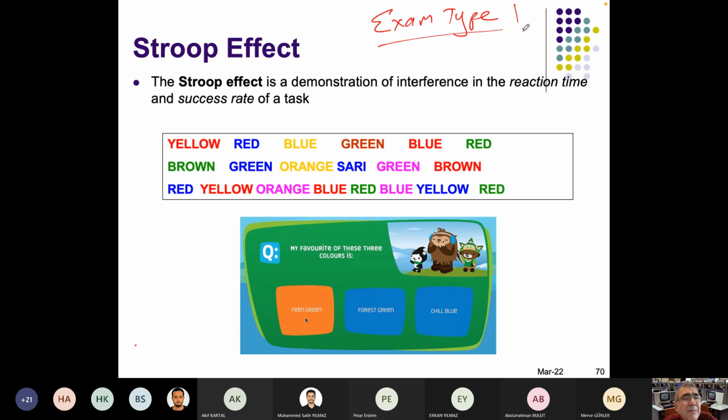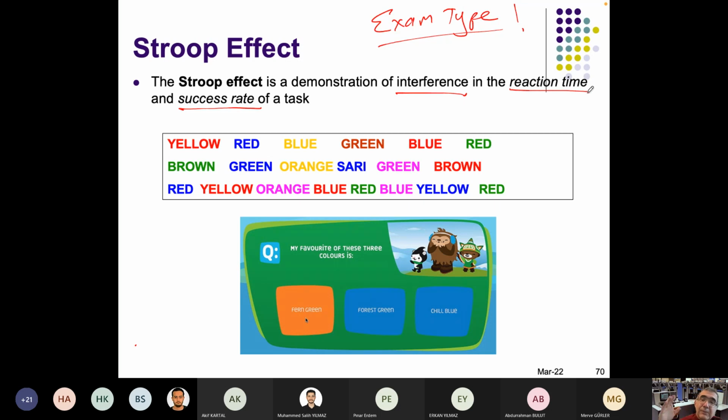When you have conflicting information regarding the color and the information contained in the label given with that color, if they conflict, you are confused. That confusion is called interference. That also results in success rate and reaction time changes.